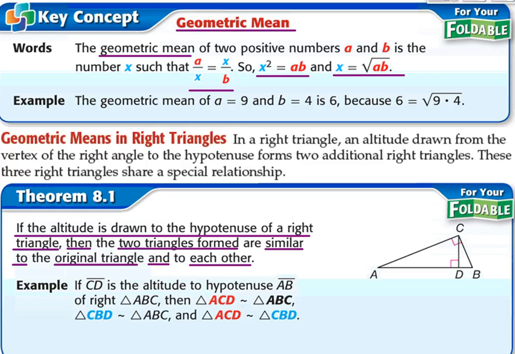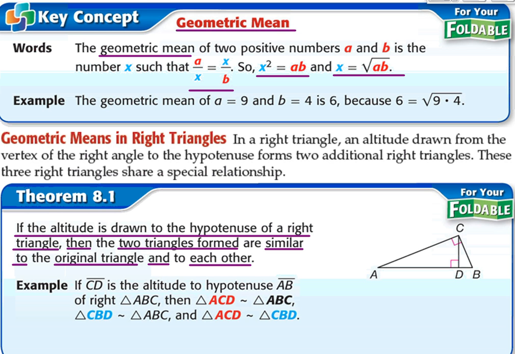The geometric mean of two positive numbers, a and b, is the number x, such that a over x is equal to x over b. So x squared equals ab, and x equals the square root of ab. So in this example, the geometric mean of a equals 9 and b equals 4 is 6, because you just take the square root of 9 times 4.